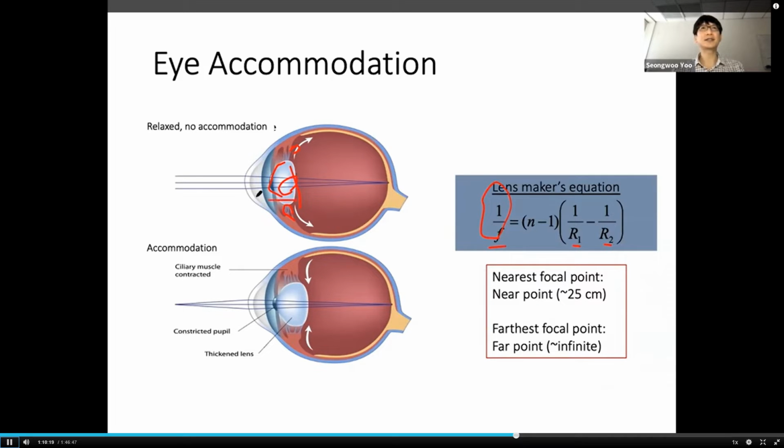Therefore, our lens is considered a variable focusing lens, and it can focus any object between the near point and the far point. The near point is typically 25 centimeters from the eye lens, and the far point is at infinity. Any object between those two points can be focused or imaged by our eyes.